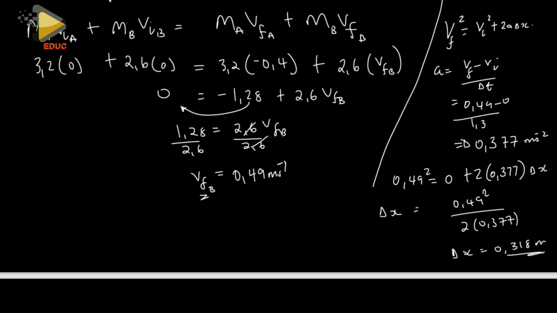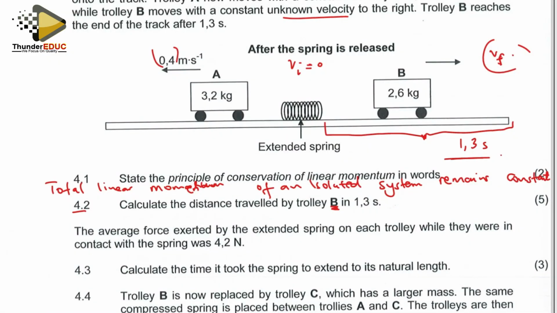If I use that other approach of speed is equal to distance over time, we need the distance and the speed. That's going to give me a little bit bigger answer, which is 0.49 multiplied by 1.3. What do we go with?